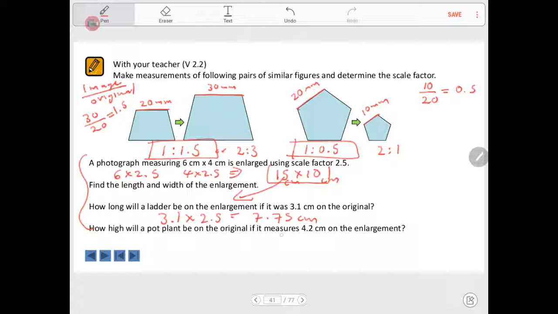Now here, if we want to go back the other way, of course we'll divide. So there's a pot plant in the enlargement, which is 4.2 centimetres. We'll divide that by the scale, and that tells us that the pot plant in the original photograph was 1.68 centimetres in height.